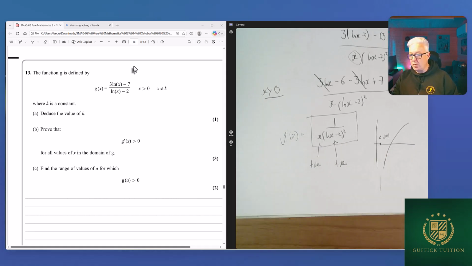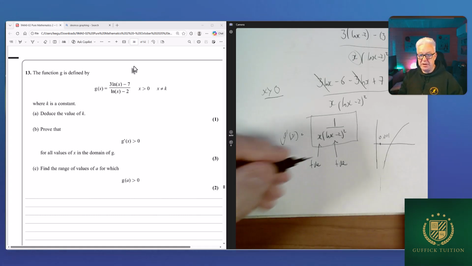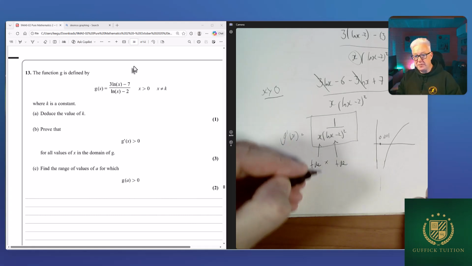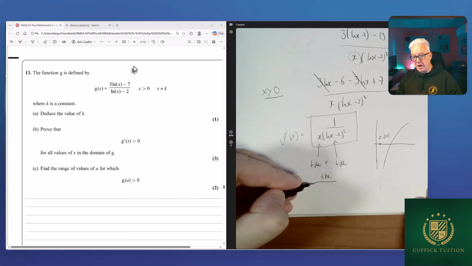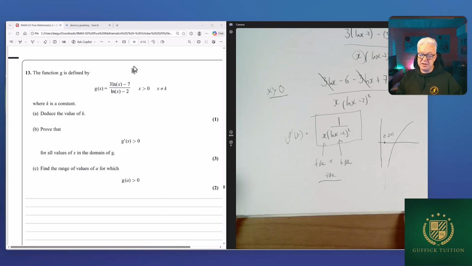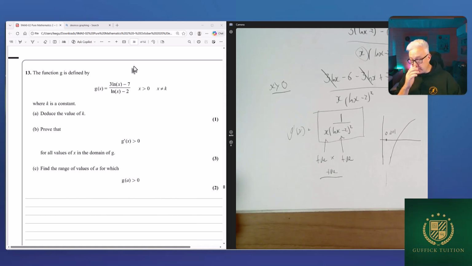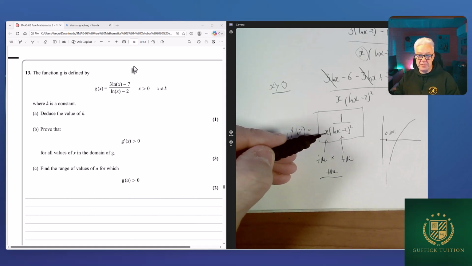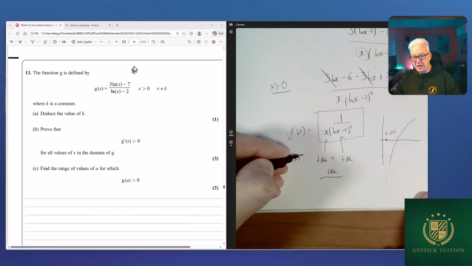And then we take 2 away from it, it's going to be even more negative. But then when we square it, it's going to be positive. So we're quite confident that (ln x minus 2) all squared is going to be positive. And if we've got a positive times a positive, therefore we can be confident that g dashed of x is going to be positive. So you just need to write some kind of explanation and say, this is positive as x is greater than 0.